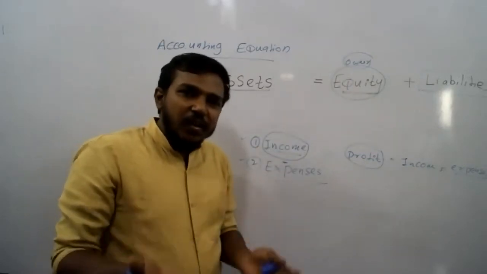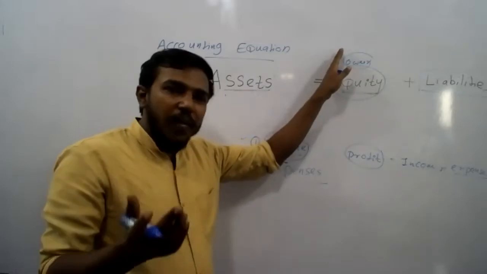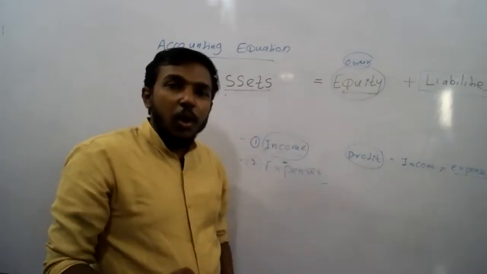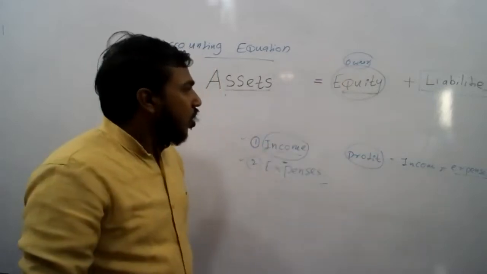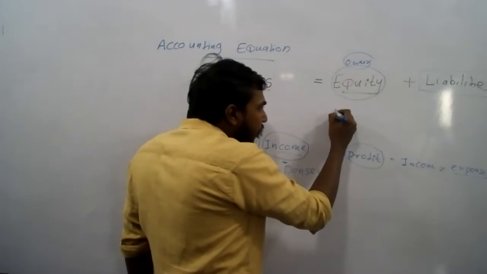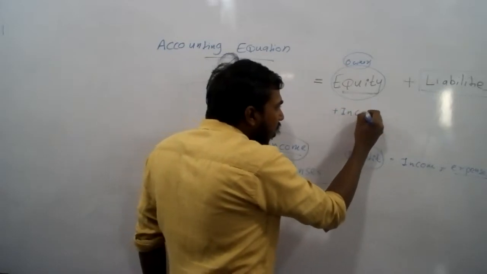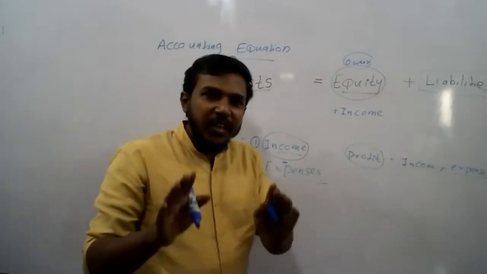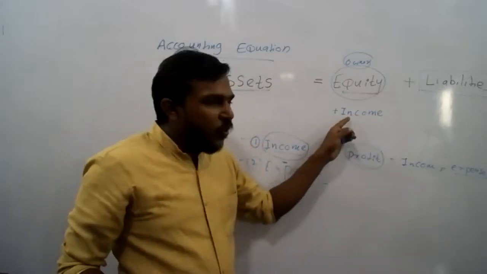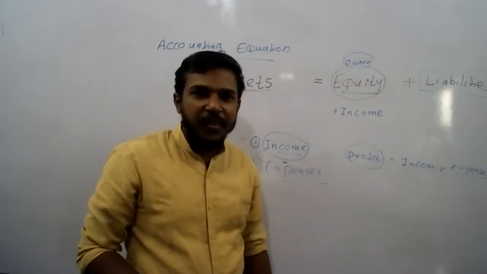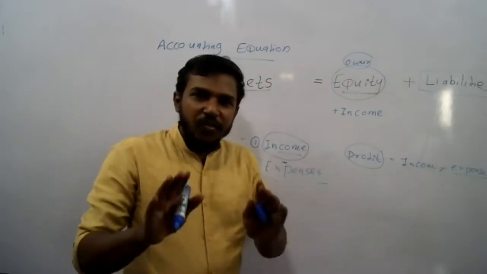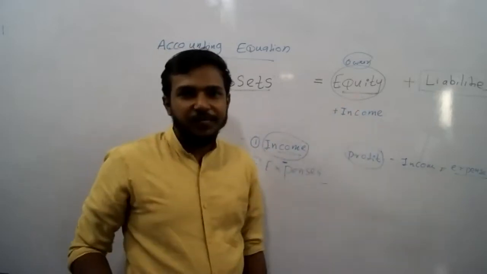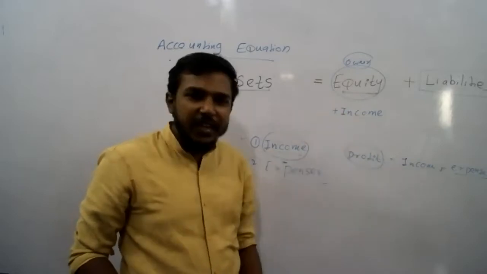Why do we start a business? Say you are the owner of this business. Why do you start a business? To generate income. So if there is any income, you're supposed to add this to equity. Clear? Because the owner requires income.